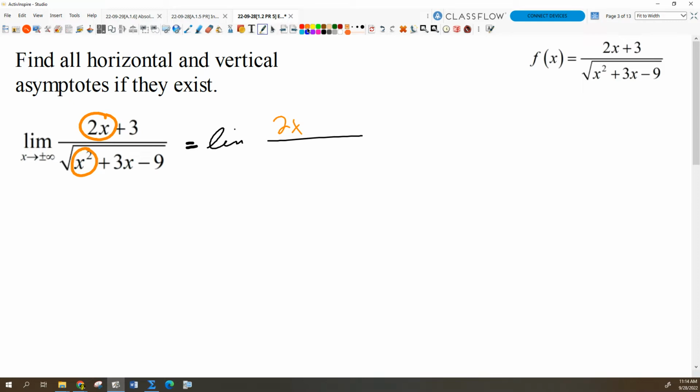We're taking a square root of that, but as x gets really big, all we really have to consider is the square root of that dominant term. The square roots of the other parts are going to be tiny. So on the bottom, we end up with the square root of x squared.